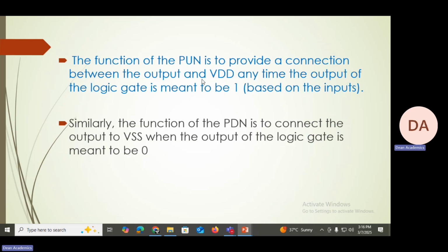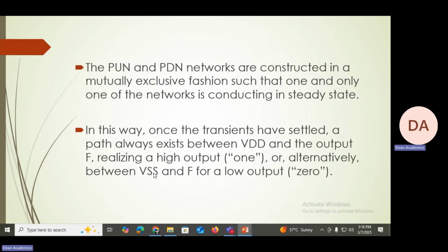The pull-up network connects VDD to the output when the output logic is 1, and the pull-down network connects the output to VSS when the output is meant to be 0, right? Now the pull-up and pull-down networks are constituted in a mutually exclusive fashion. That means only one network conducts at one time.